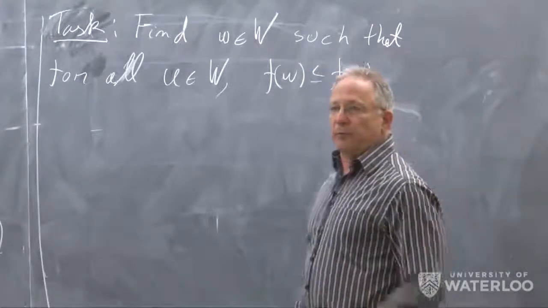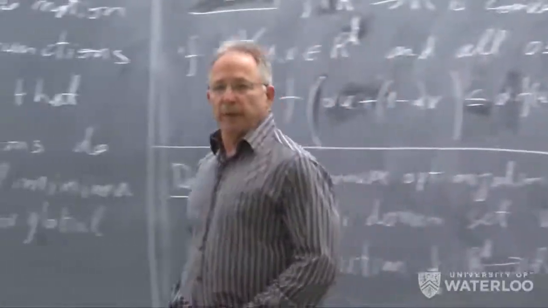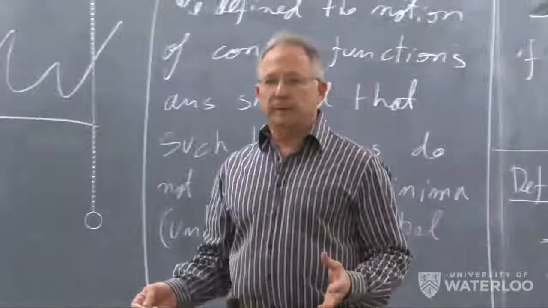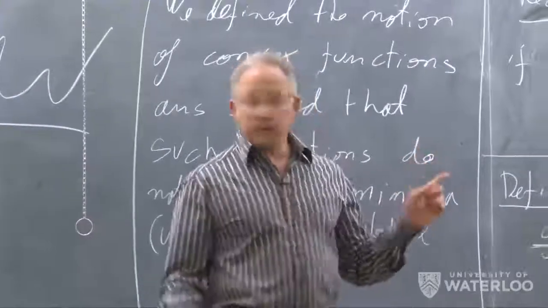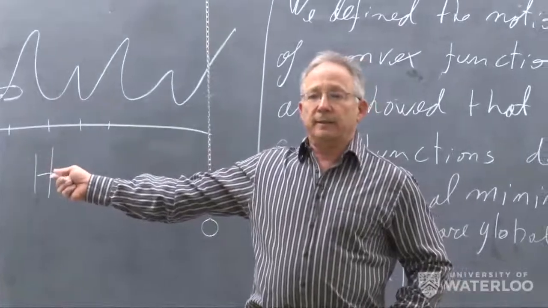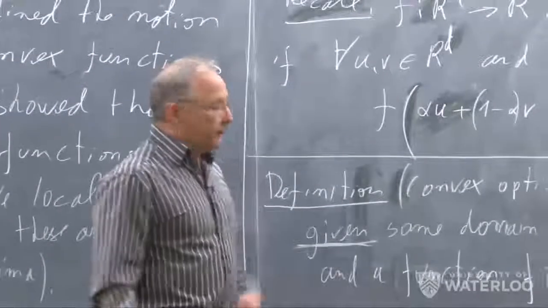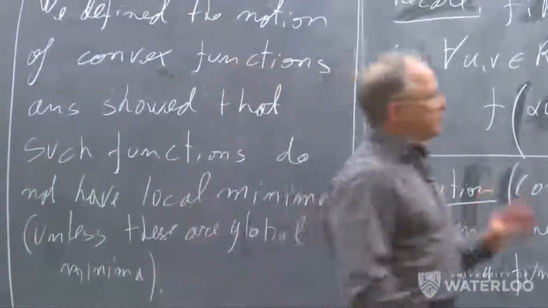So it's a problem of minimizing, finding a minimizer of the function f over the domain W. You should notice the similarity with the problems we're discussing here. This is an optimization problem, and when is it convex?